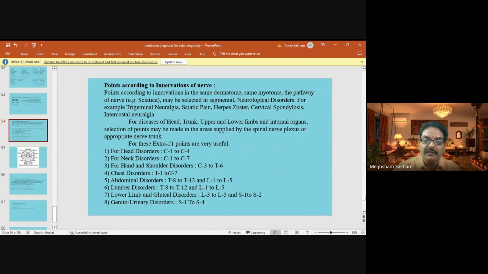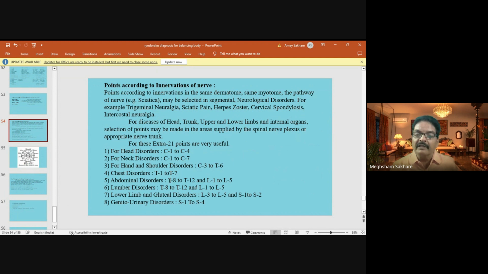For example, extra 21 points are very useful on the spine. C1 to C4 for headache disorder, C1 to C7 for neck disorder, C3 to T6 for hand, shoulder and scapular region disorder. For chest disorder, T1 to T7, meaning thoracic first vertebra to seventh vertebra.